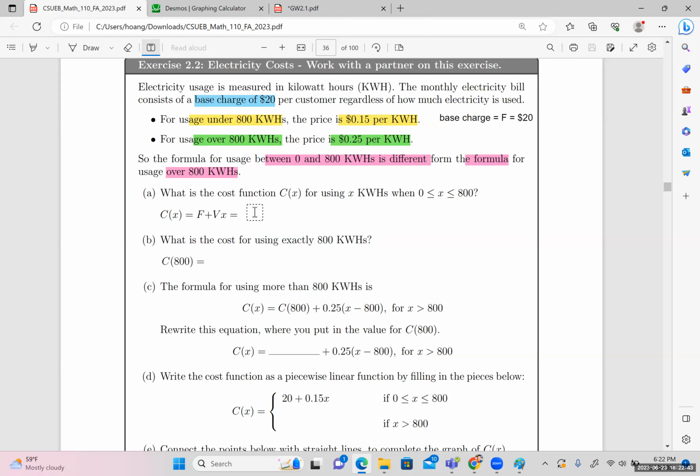So then you will have $20 plus the variable cost in here. How much you have to pay per kilowatt in between 0 to 800?